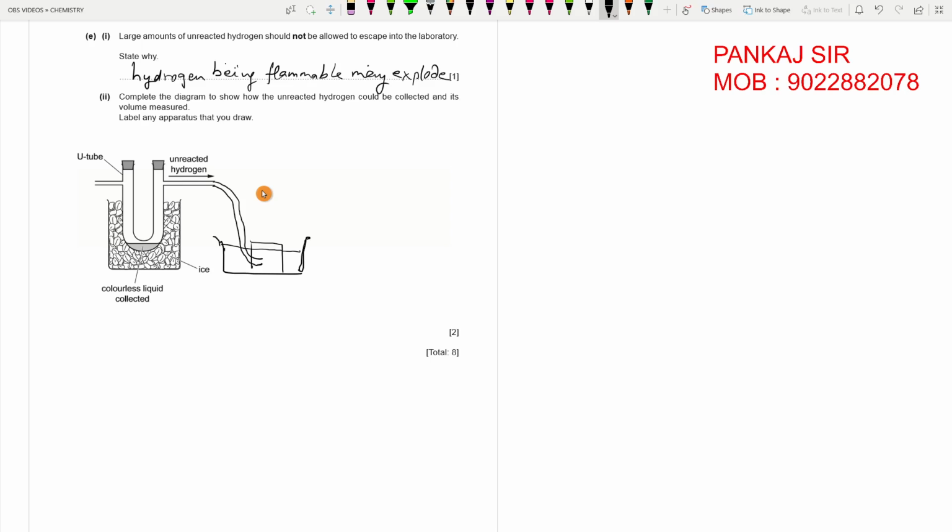So the bubbles of hydrogen can be seen arising from this tube, and by the downward displacement of the water, the hydrogen will be getting collected over here. It's hydrogen gas. Because we want to measure this volume, this cylinder has to be calibrated. It will be like having markings on it. Calibrated measuring cylinder.